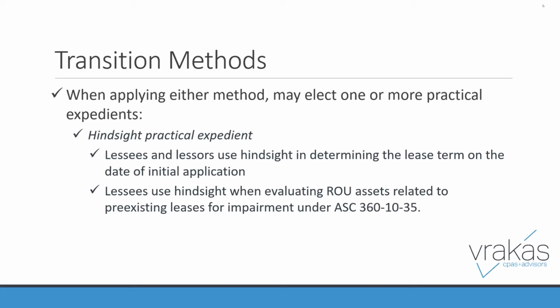So maybe when you first entered into a lease, and maybe it was a 5-year lease, and you had a couple 5-year renewal periods, and back at the beginning of the lease, you probably would have said, oh no, we're not going to renew those. You don't have to go back and reassess based on hindsight, because maybe you actually did renew those. So you can go back and say, well, in hindsight, we now know that we are going to renew those leases. So you would include that in your lease term.